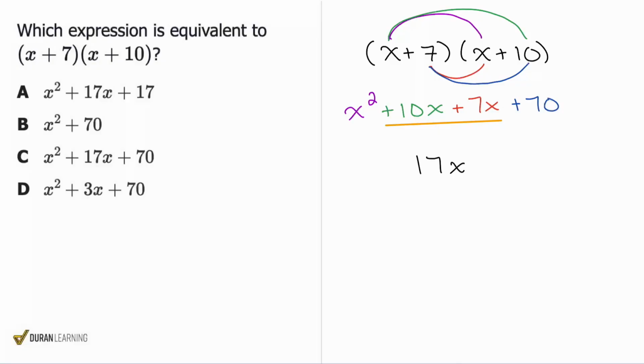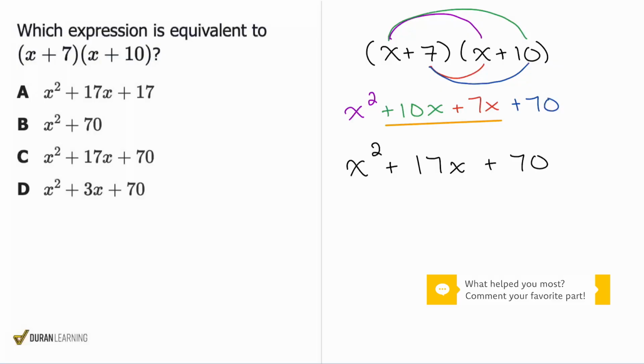Multiplication is different. Multiplication has its own rule where we multiply the values, the coefficients in front, and multiply the variables together. So we add those exponents in that case. This is different. Our final answer is going to be x squared plus 17x plus 70. And so the correct answer is going to be answer choice C.